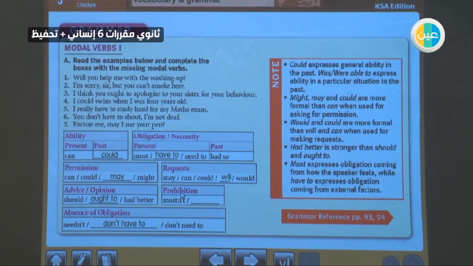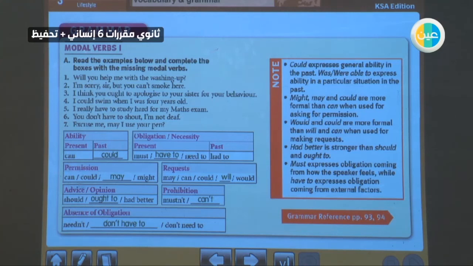Prohibition, by the way, mustn't. It is about when we express that something must not happen. We use mustn't and can't. So ability is for can, could. Obligation, necessity: if it is in the present, you will say must, have to, need to. If it's past, you will say had to.